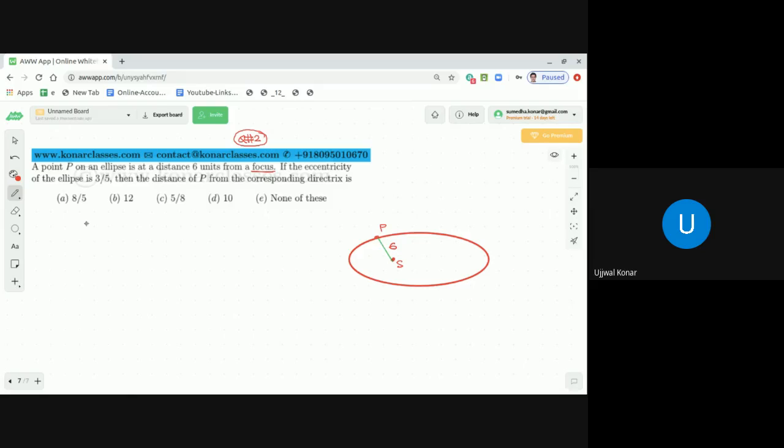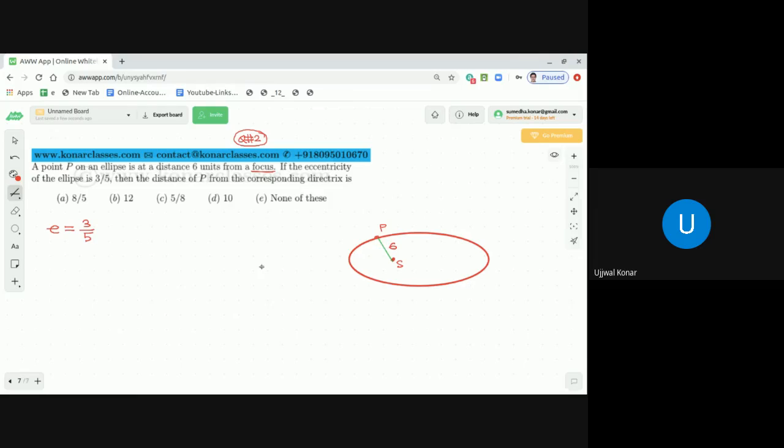Eccentricity, generally denoted by E, is equal to 3 by 5 according to the question. Though it is not very important in context to our question, as you see the value of E is less than 1, definitely it is an ellipse. Now, the question is the distance of P from the corresponding directrix.